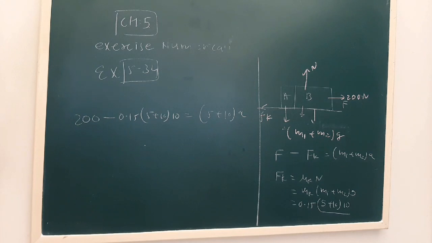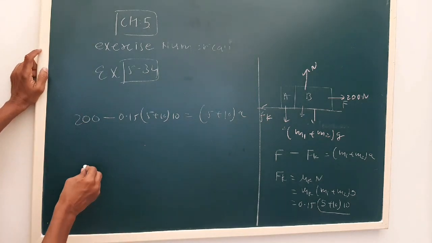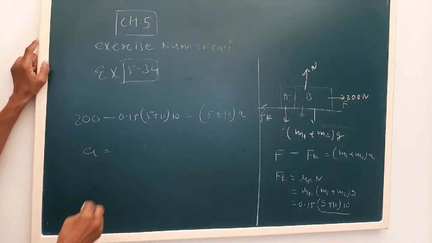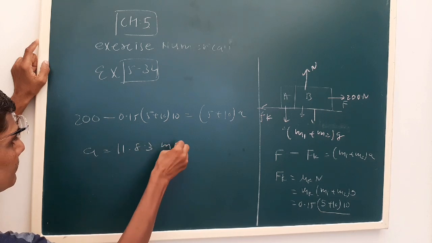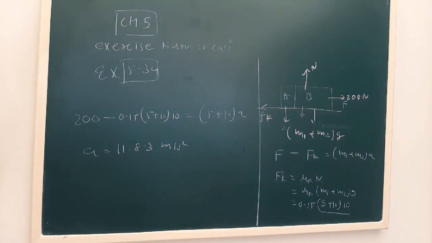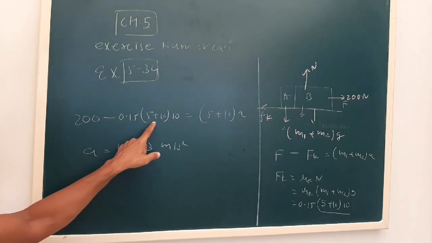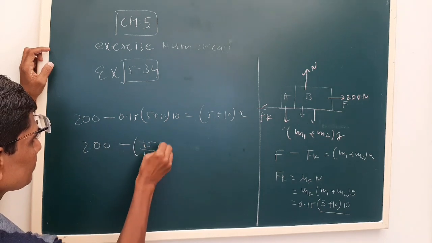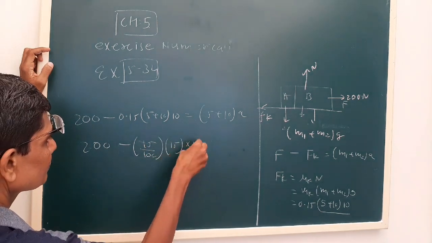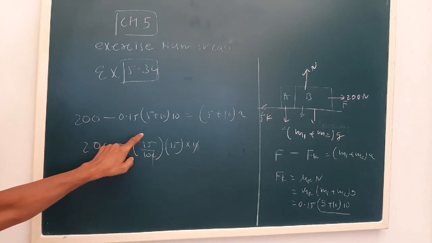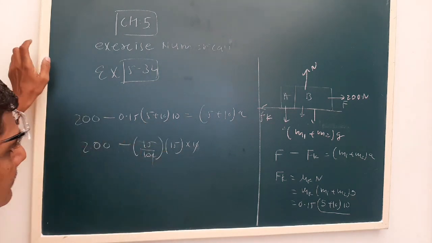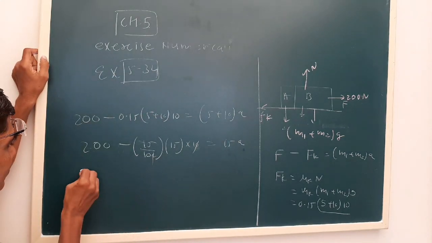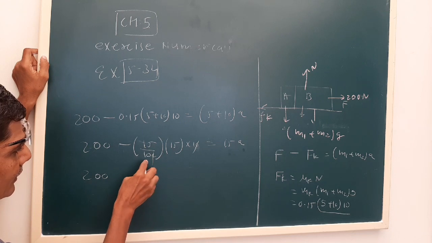So that will get us the value of the acceleration. If I solve, the acceleration will be equal to 11 point something. We have to simplify. 0.15 is 15 by 100, 15 into 10, this is 225 upon 10.